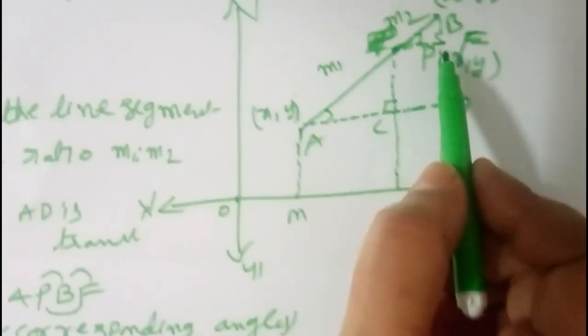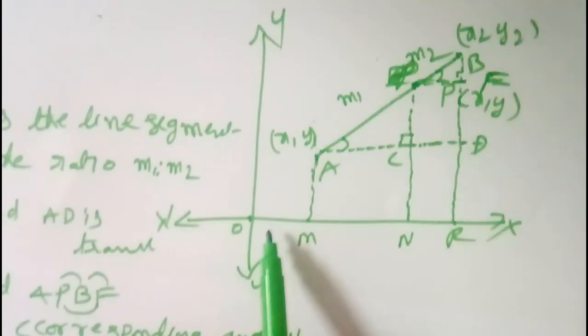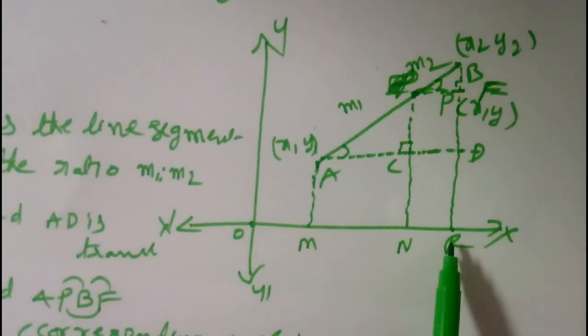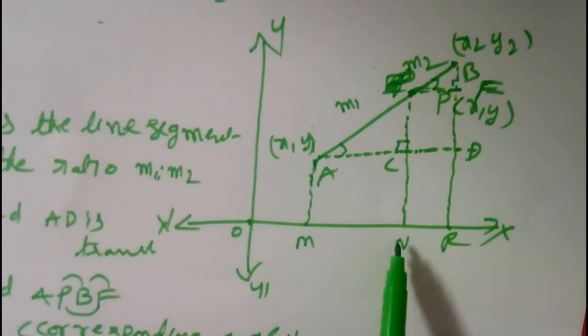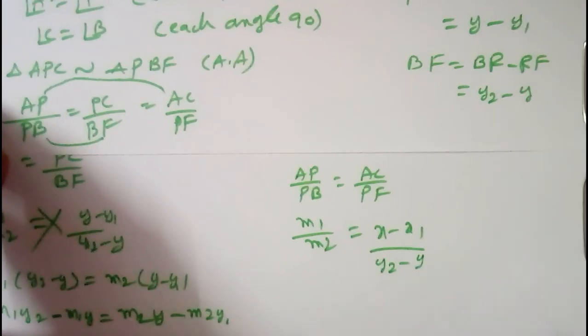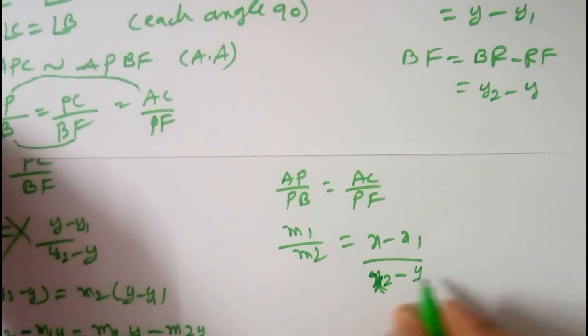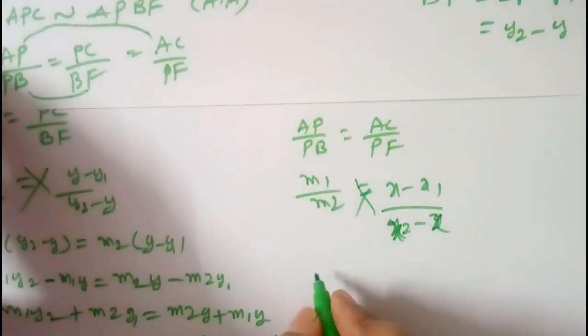From the figure, PF is nothing but CD, which is OR minus ON, that is X2 minus X. So do the cross multiplication.